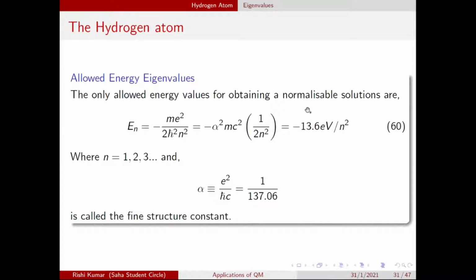So take a good look at this, because we are going to come back to this in the next section, where n are just integers and alpha is called the fine structure constant.